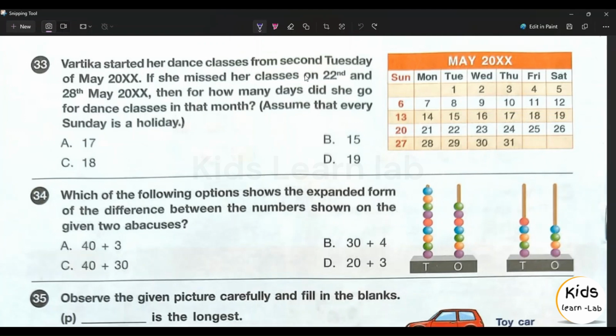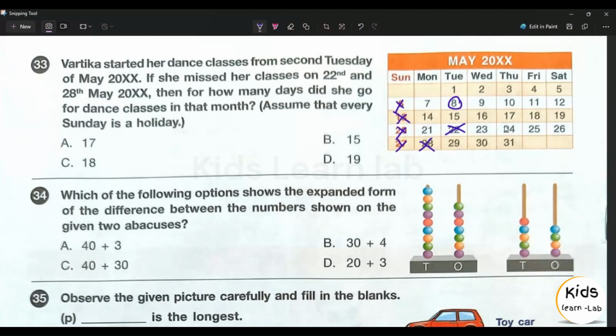33rd question, Vartika started her dance classes from the second Tuesday of May. If she missed her classes on 22nd and 28th May, then for how many days did she go for dance classes in that month? Assume that every Sunday is a holiday. So she has started going to dance classes on second Tuesday, that is 8th, and 22nd, 28th are missed.